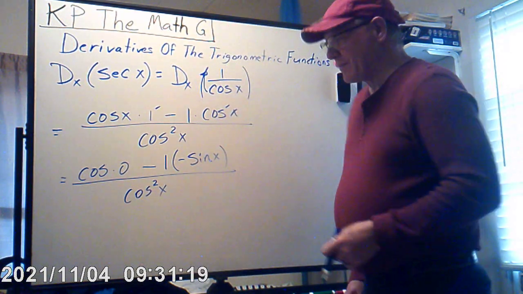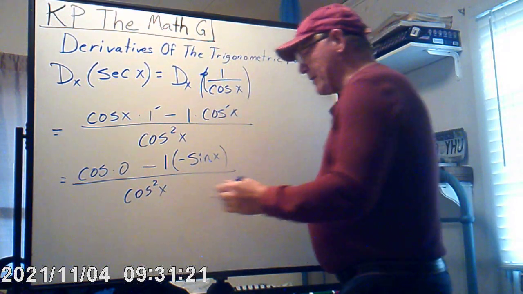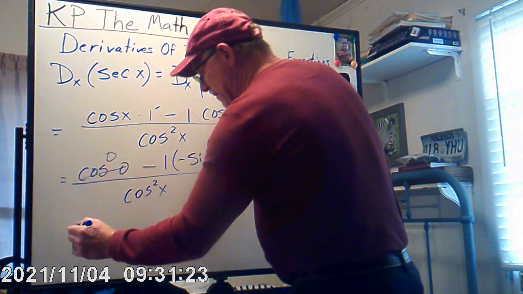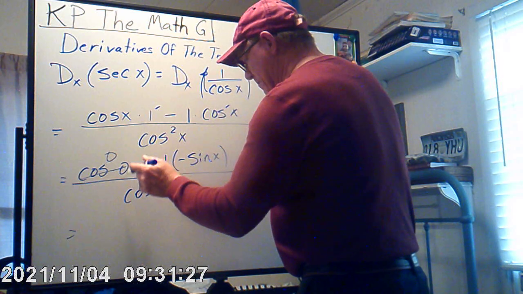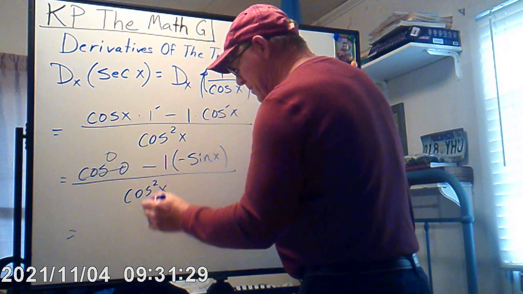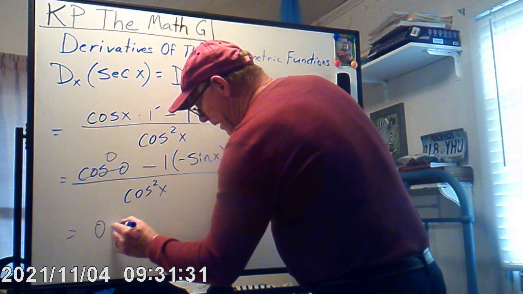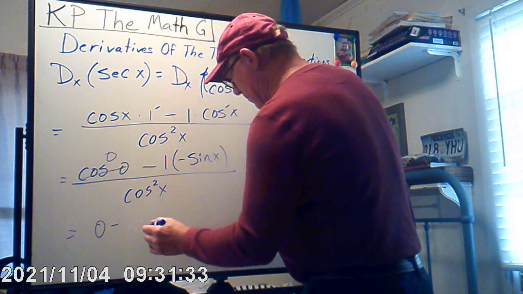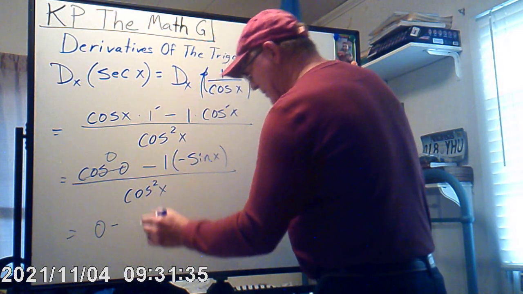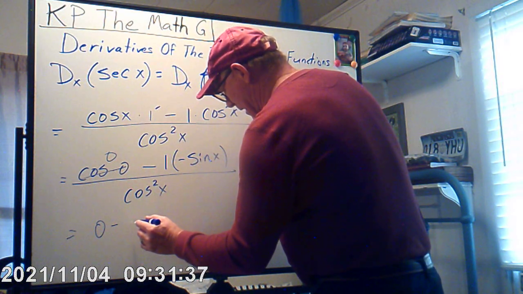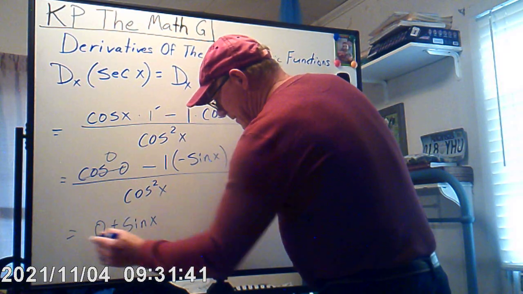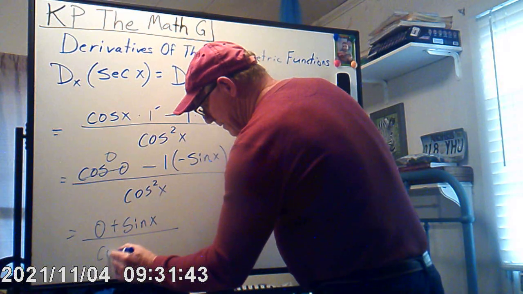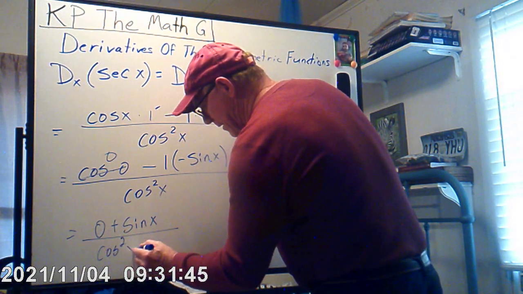We know this is 0, so here we go. This is 0 minus, excuse me, 0 minus 1, well actually minus the negative is positive. So what we have here is positive sine x over cosine squared x.